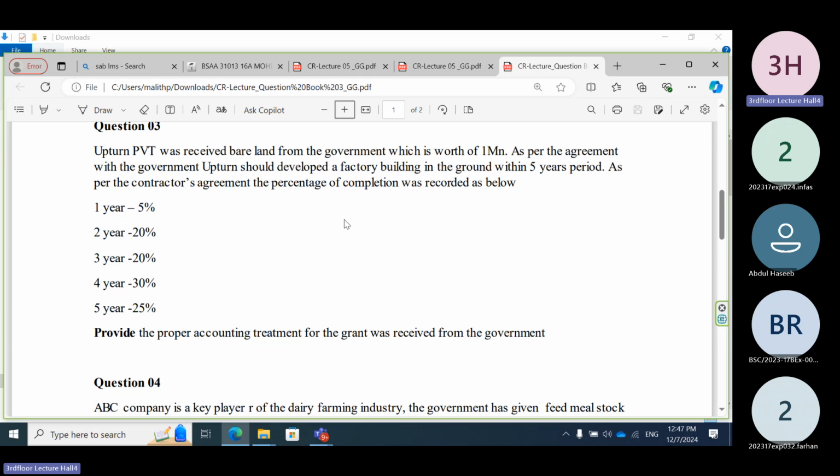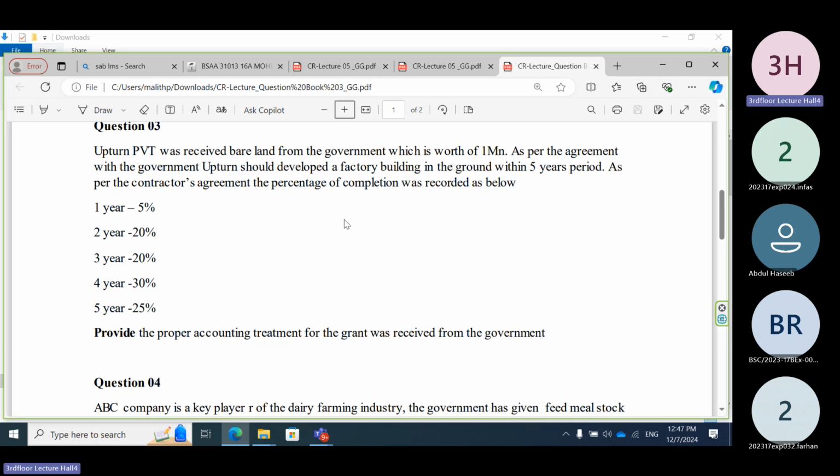We need to record the grant when received in cash, right? We did not discuss that; recognize it when it becomes receivable. We have a proper plan, a contract agreement, and everything is there. Now we can recognize the total grant, not the portion, right? Not the portion. The total 1 million can be recognized. So how are you going to recognize it?